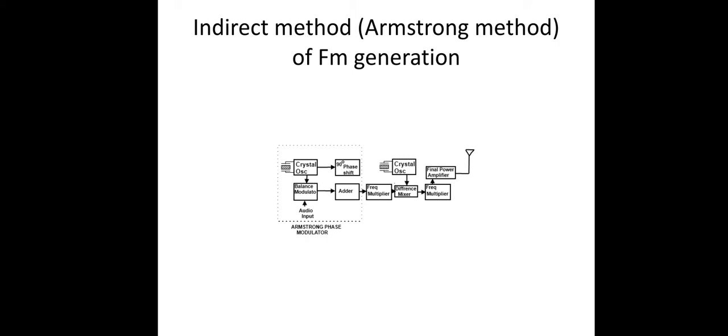This is increased by the high value of the frequency multiplier. Then the mixer along with the crystal oscillator is used to increase the frequency deviation without increasing the original carrier frequency. This is the working of the indirect method, or Armstrong method.